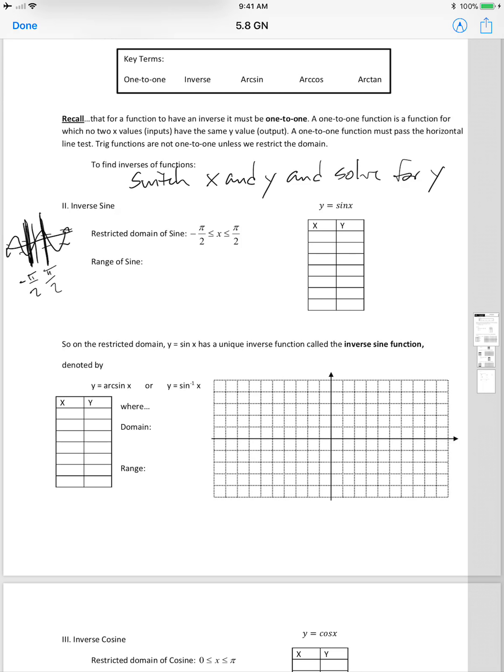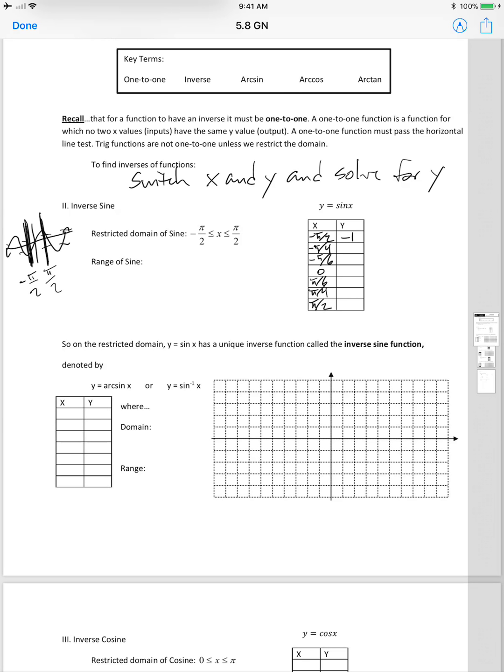So if I restrict my domain from negative pi over 2 to positive pi over 2, then I will be able to think about the inverse sine. If I take these x values and evaluate the sine function, what is the sine of negative pi over 2? That's negative 1.